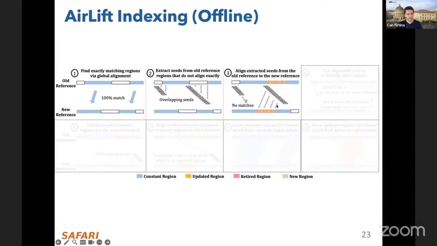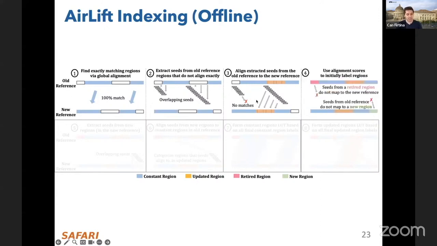After this step, there are still going to be some regions where the seeds are not going to align in the new reference genome. For those regions, if the seeds in the old reference genome cannot align anywhere in the new reference genome, then the region from which we extracted those seeds should be labeled as a retired region, because apparently that particular region no longer exists in the new reference genome.